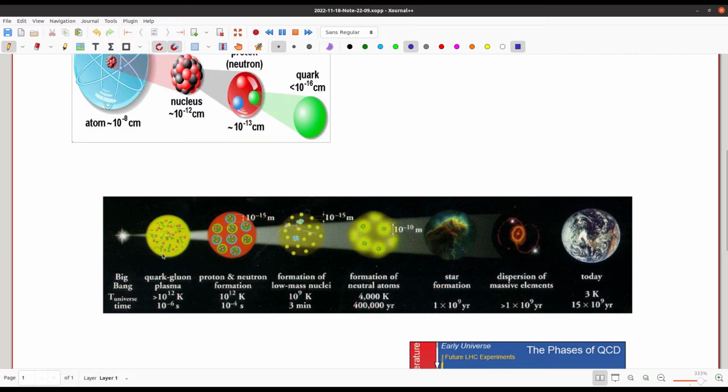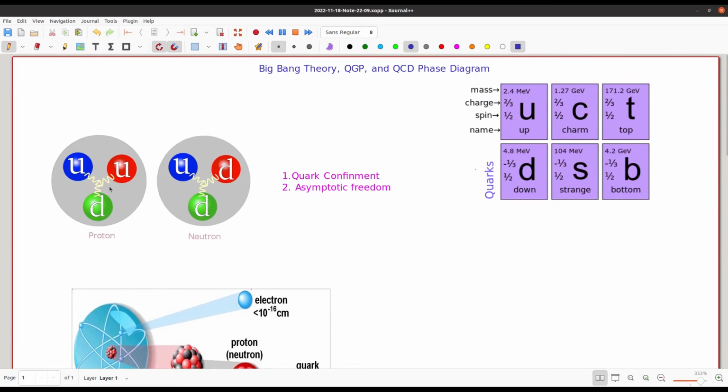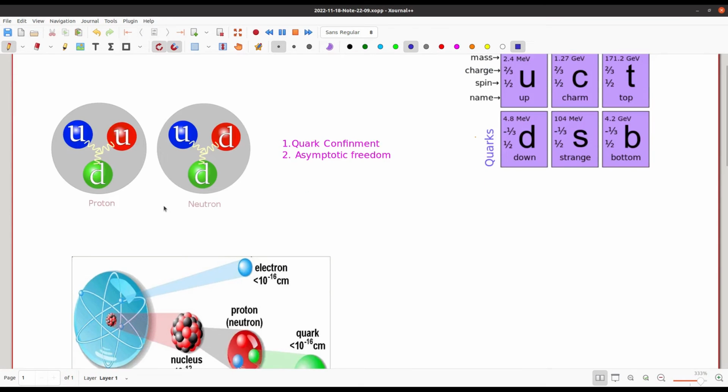Now it will cool over time, as anything hot does. So the temperature reduces from 10 to the power 12 K, and the quarks and gluons, if combined, will form either baryons or mesons. If two quarks combine, they are known as a meson. If three quarks combine, they are known as baryons.